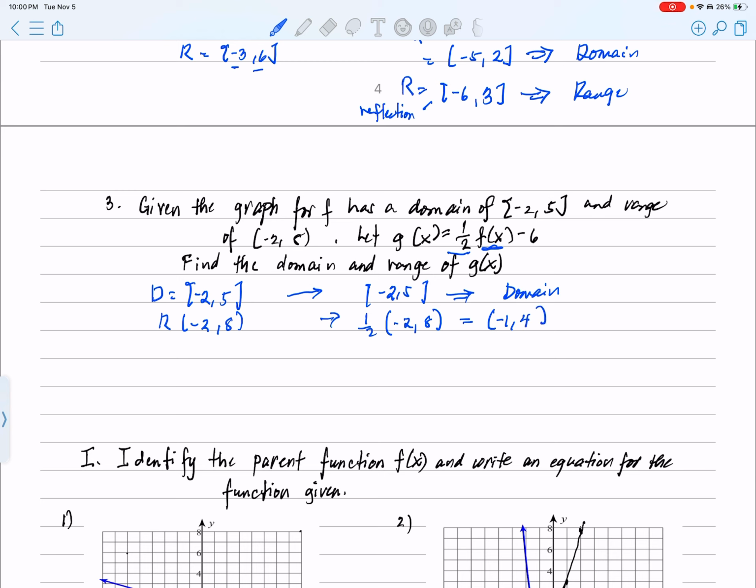But it is translated down negative 6. That means you have negative 6 translated down. This will be negative 7, negative 2. This is the new range. All right. That would be the new range.